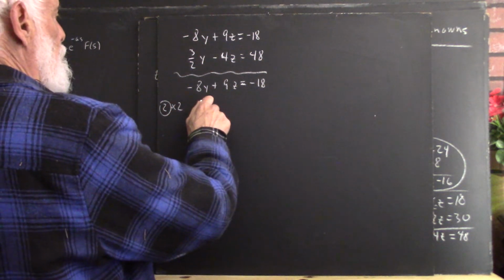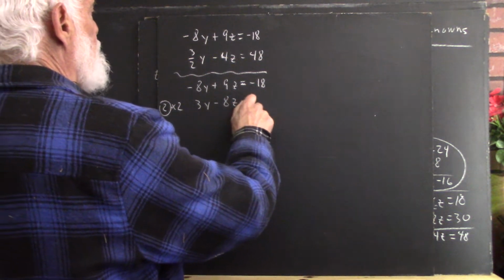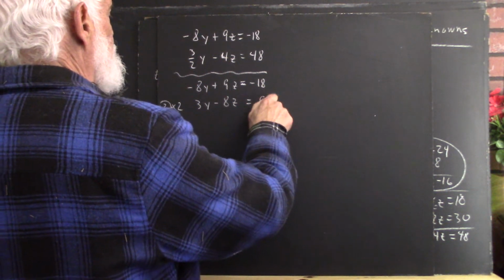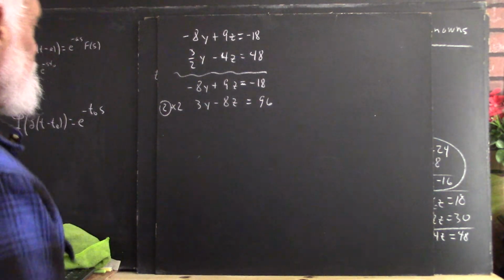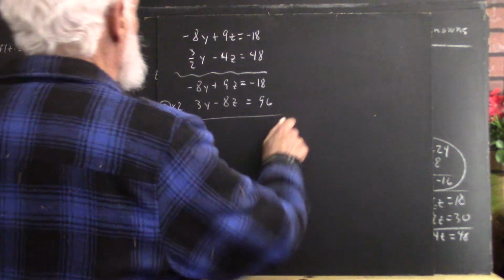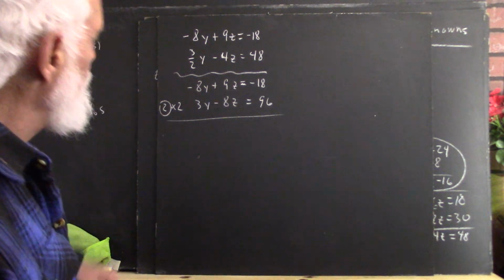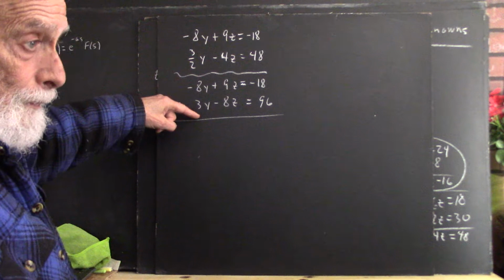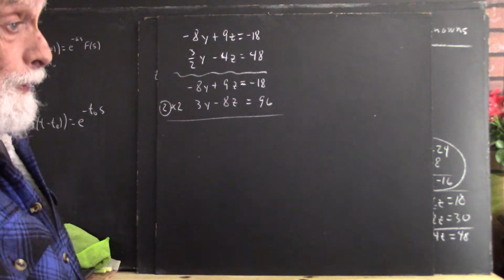Just to clear the fractions, I get 3y minus 8z equals 96. Now I can match up the y coefficients, or I can choose to match up the z coefficients.